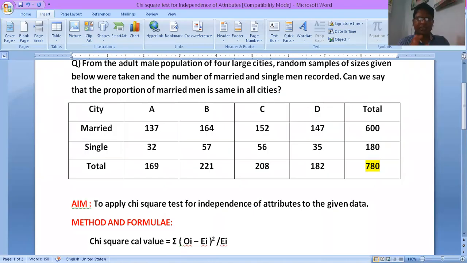These are the observations in a proper tabulated form. 137, 164, 152, 147, 32, 57, 56, 35, all these are observed frequencies. We have to compute an expected value for each observed frequency.